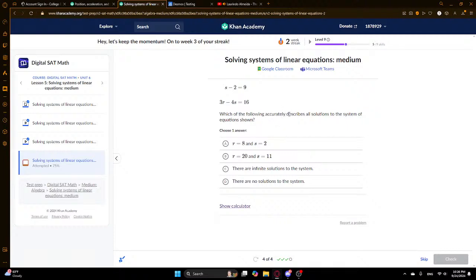Which of the following accurately describes all solutions to the system of equations shown? R equals 8. Oh, I think this time you subtract it from each side.